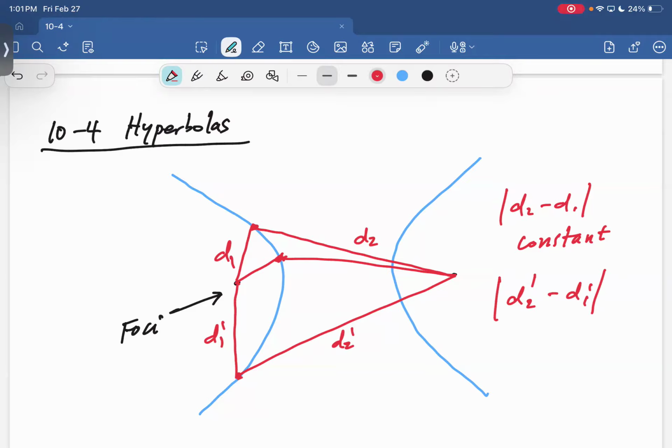The absolute value of the difference of the distances to the foci is equal for every single point on the hyperbola.